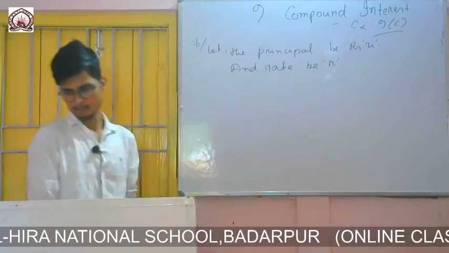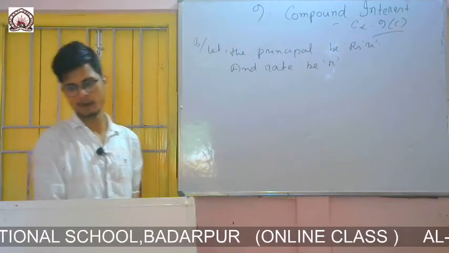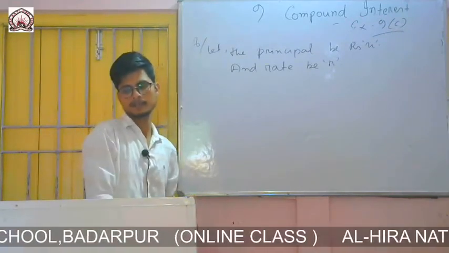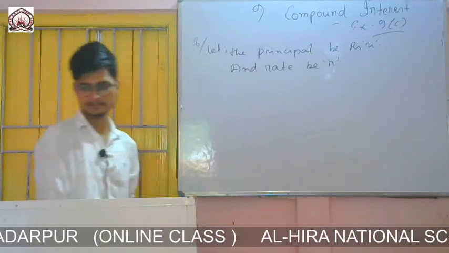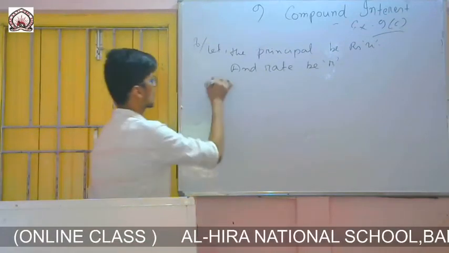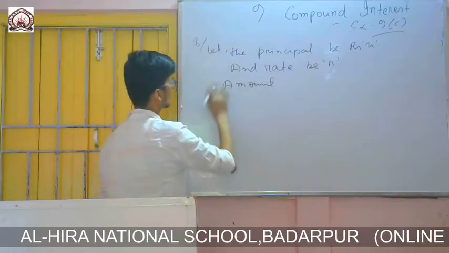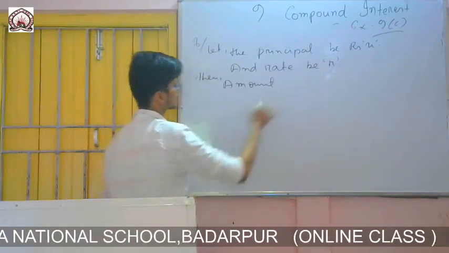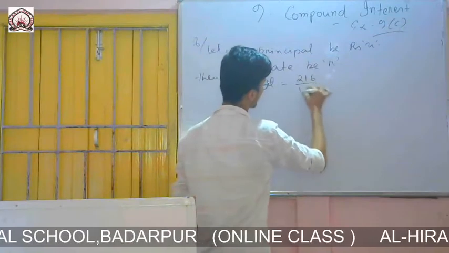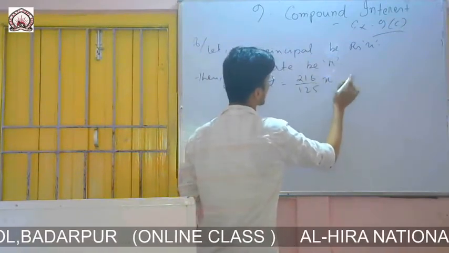Okay, so you see in the question it is given that amount is 216 by 125 times the principal. That means amount equals to 216 by 125 times of principal.